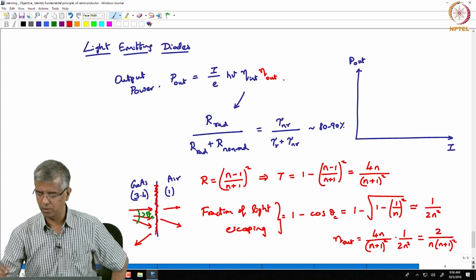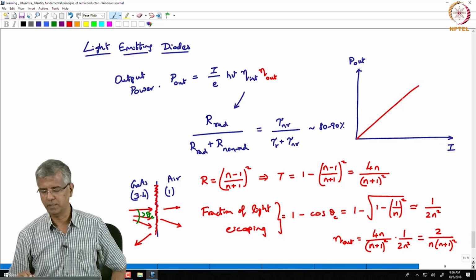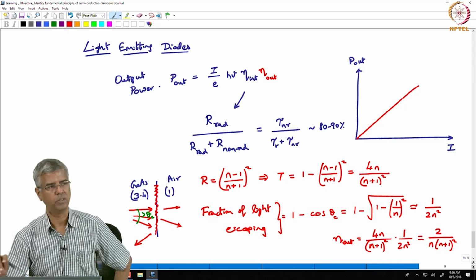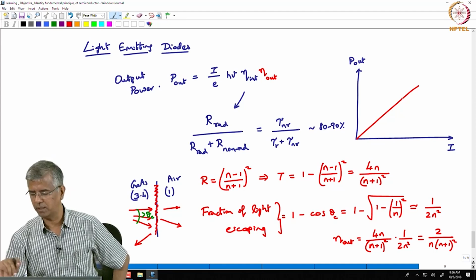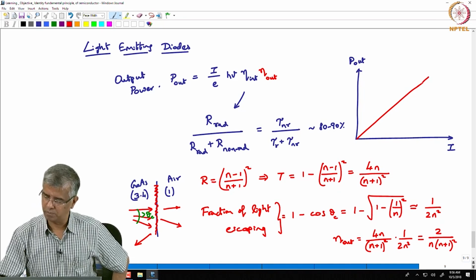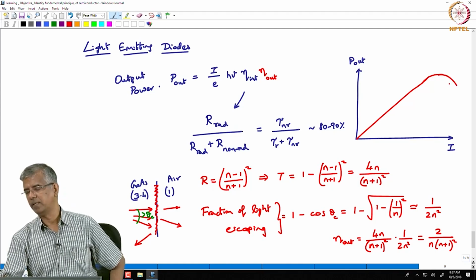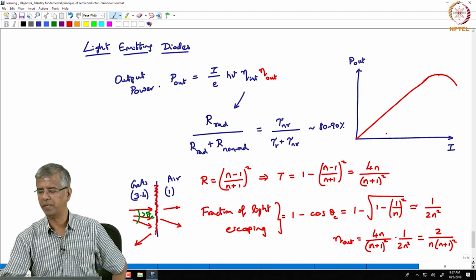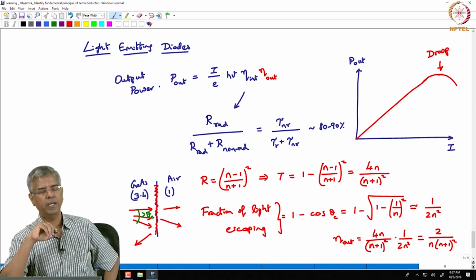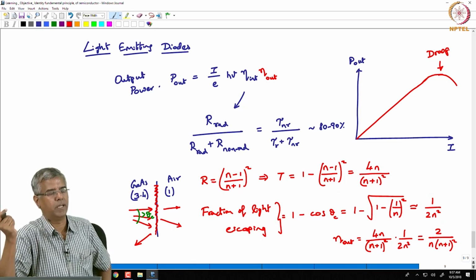But overall, your output power is going to increase linearly as you increase your current, and that is what you are doing in the lab session this week. Beyond a certain point, you will see saturation and maybe even the power going down. This process is called droop, and it eventually limits the amount of light you can get from an LED.